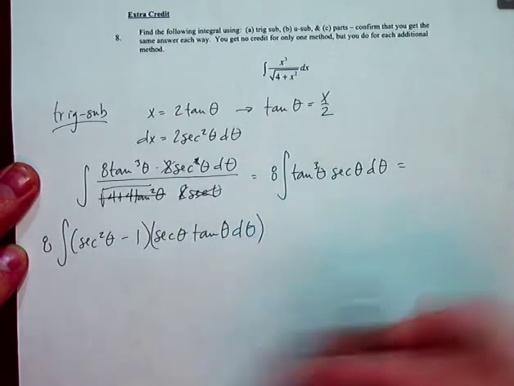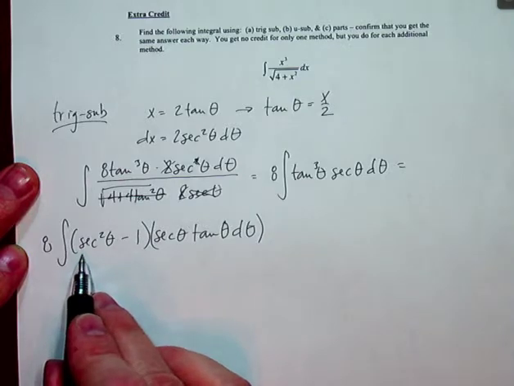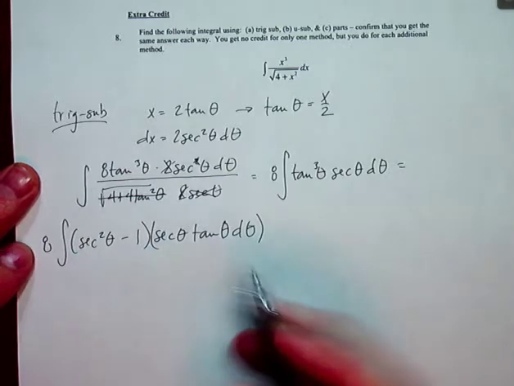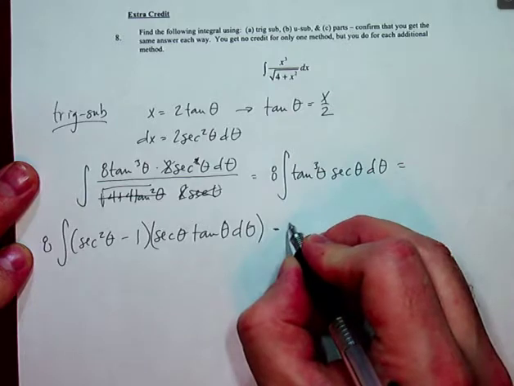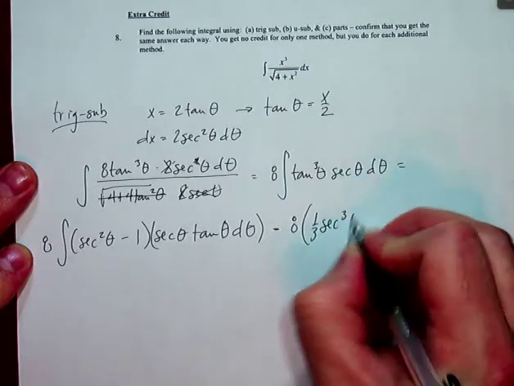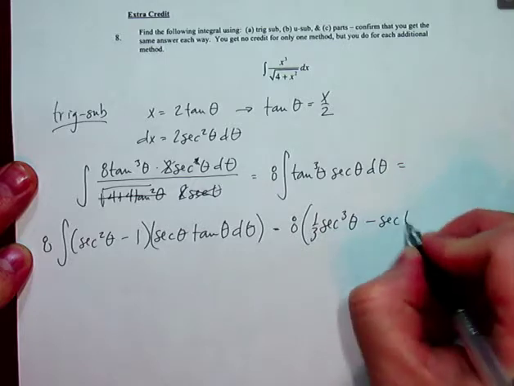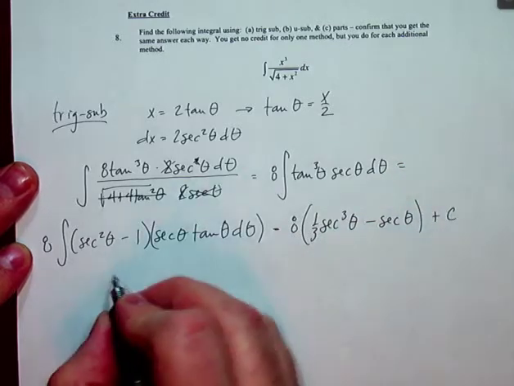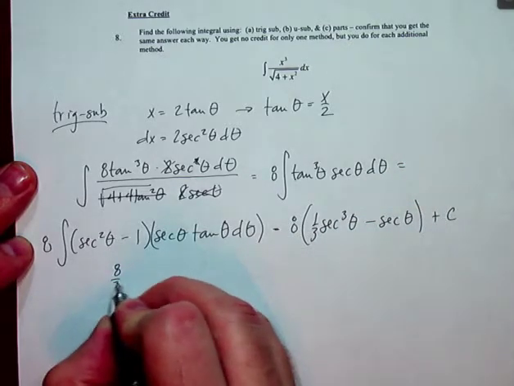What happens here is this is u squared, and this is du. So we wind up with 8 times 1/3 secant cubed theta minus secant theta plus c, and this becomes 8/3.